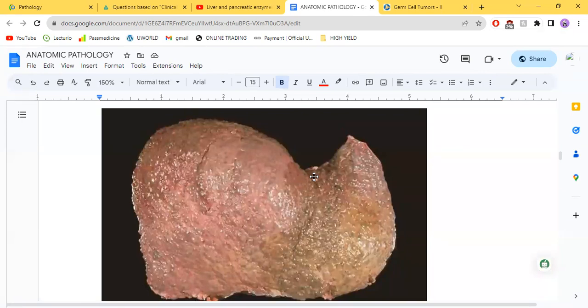Fibrosis. Maybe that's a microscopic feature, which is why you're able to properly appreciate the fibrosis. But on the right part, you can see that the color has changed to yellow. The usually red, pinkish organ is now yellow.